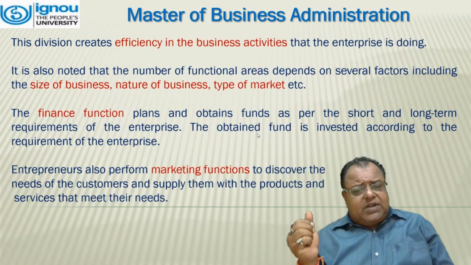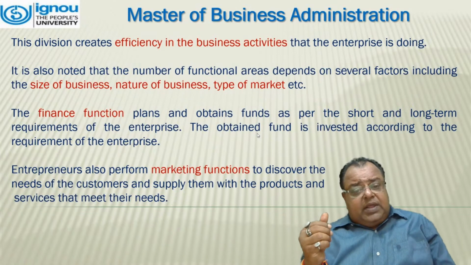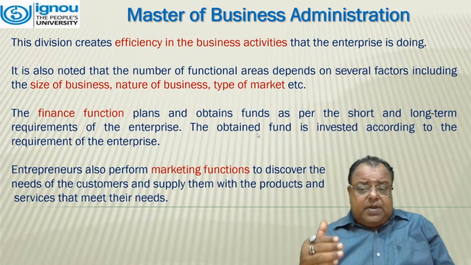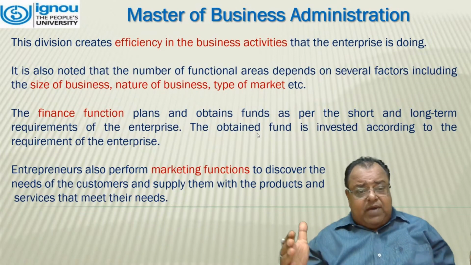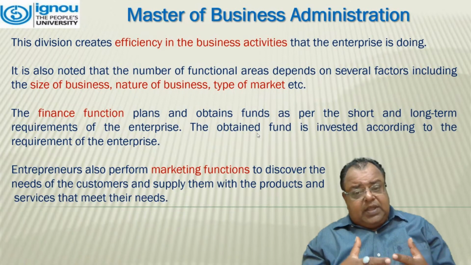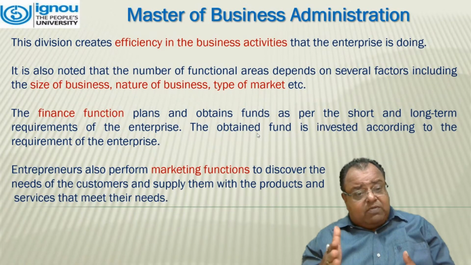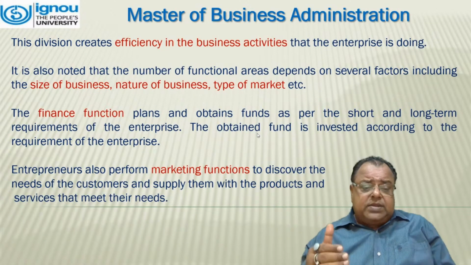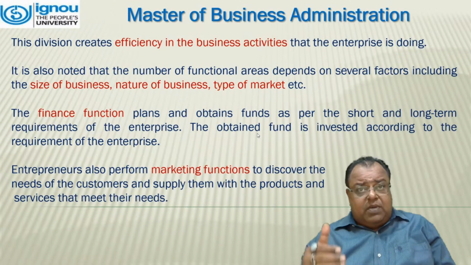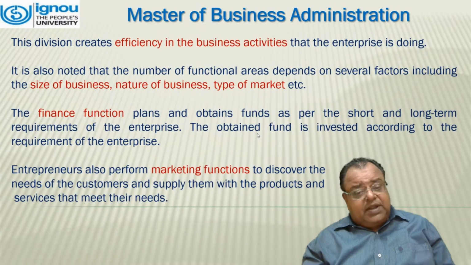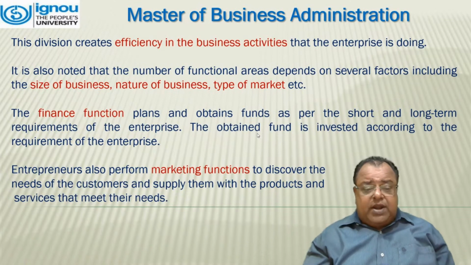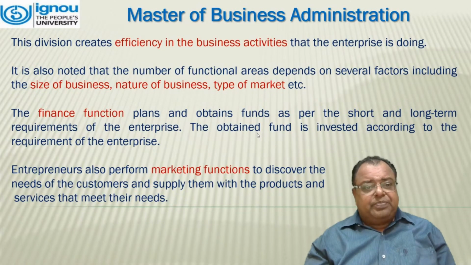The financial function plans and obtains funds as per the short and long-term requirements of the enterprise. The obtained funds are invested according to the requirement of the enterprise. Entrepreneurs also perform marketing functions to discover the needs of the customers and supply them with the products and services that meet their needs.